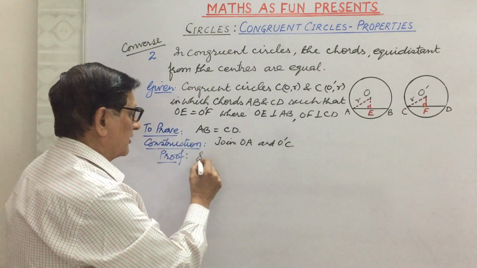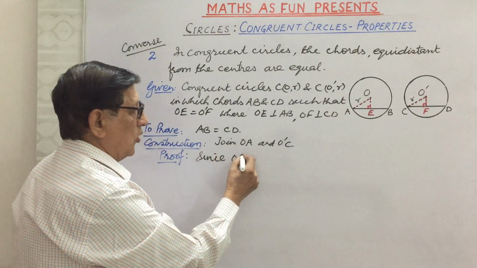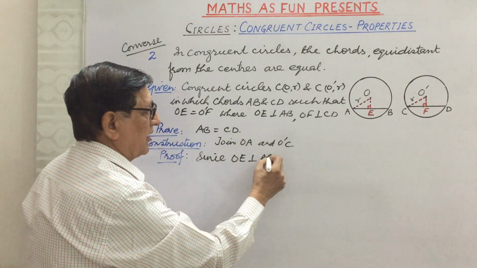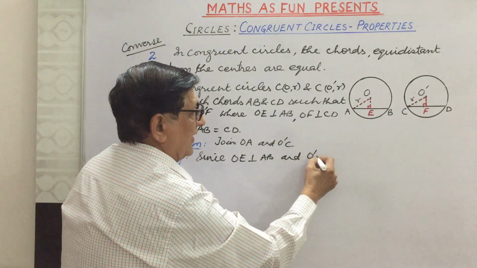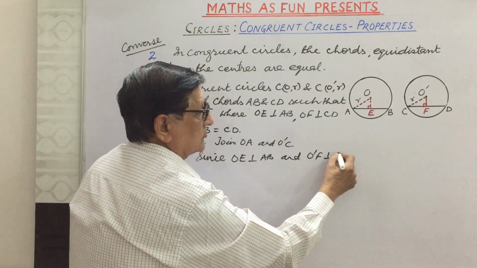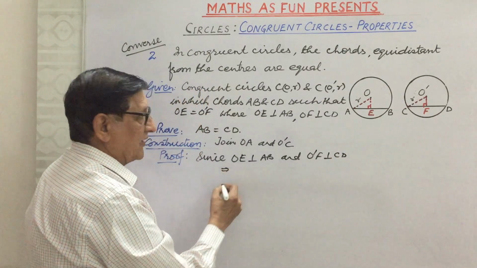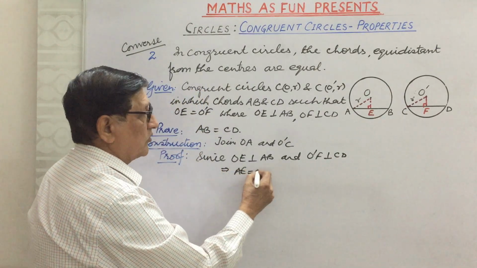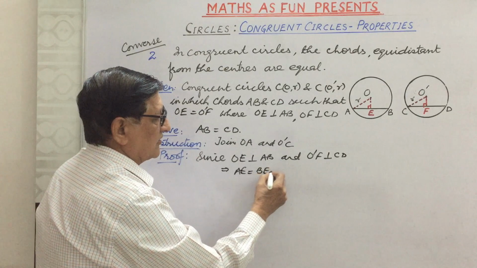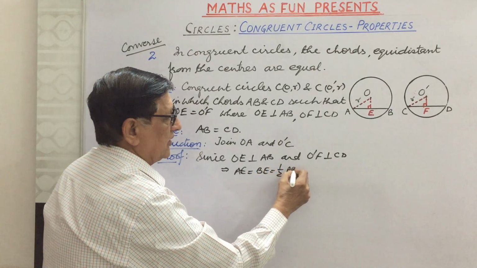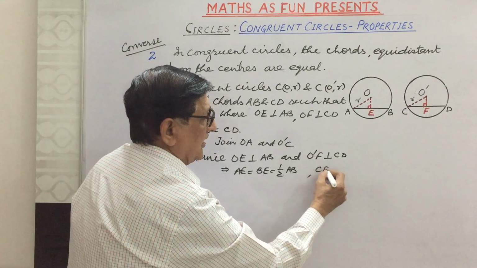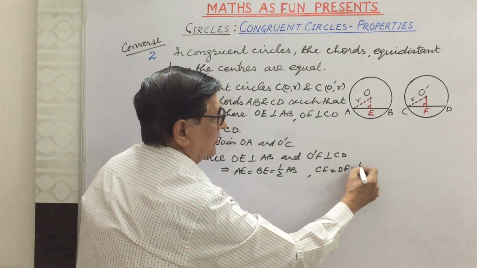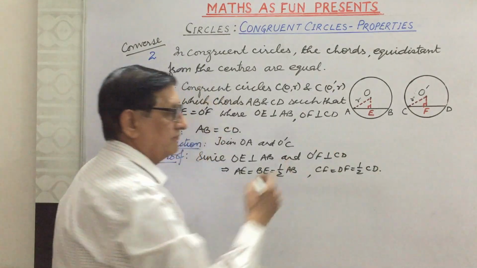So we can write here again, since OE is perpendicular to AB and O dash F is perpendicular to CD, this implies that AE is equal to BE is equal to half of AB, and also CF is equal to DF is equal to half of CD.